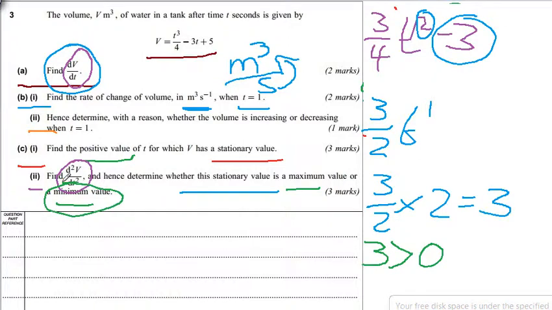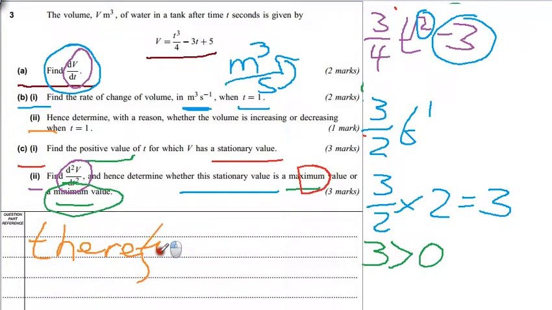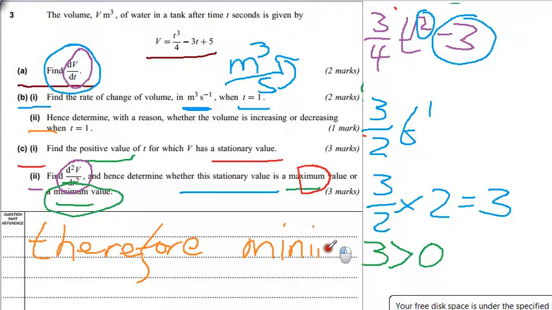If it's less than 0, then it's going to be a maximum value. So this one, 3 is greater than 0, therefore it is a minimum. Hopefully you followed that. And I will see you on the next video.